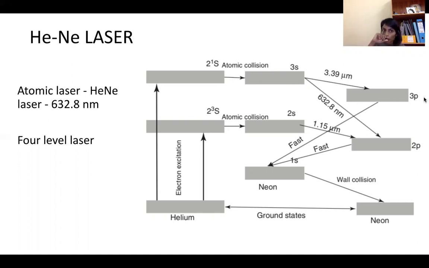But if you remember, the solid-state laser I talked about is a pulsed laser. You pump some energy, there's an output. Then again you pump some energy, there's an output. So we have a pulsed laser coming out, not a continuous one.